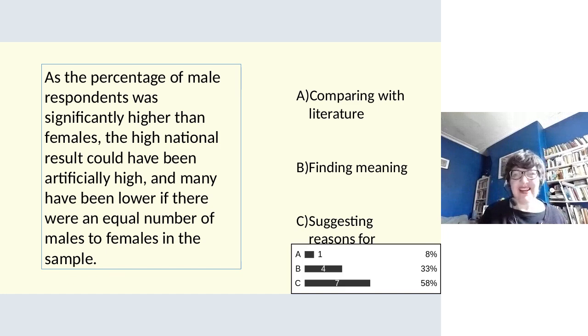Yeah, great. Now, the majority of you have gone for C, suggesting reasons for your findings. Great. Those who've gone for B, in some ways, again, it is searching for meaning.